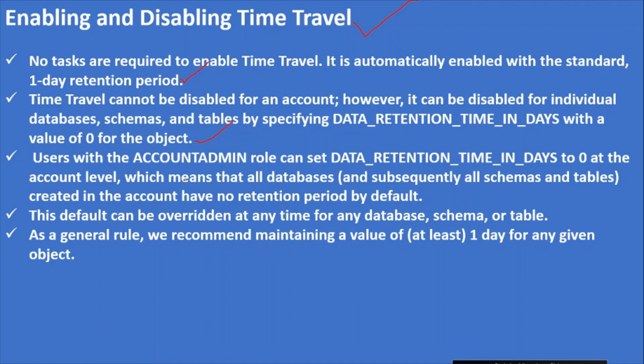Users with the ACCOUNTADMIN role can set DATA_RETENTION_TIME_IN_DAYS to 0 at the account level. So not only at object level like database, schema or table, you can also change the parameter at account level. To do that, the user must have been granted the ACCOUNTADMIN role.